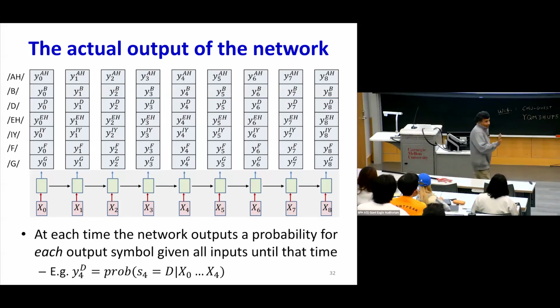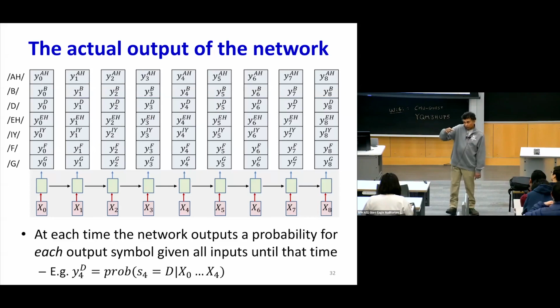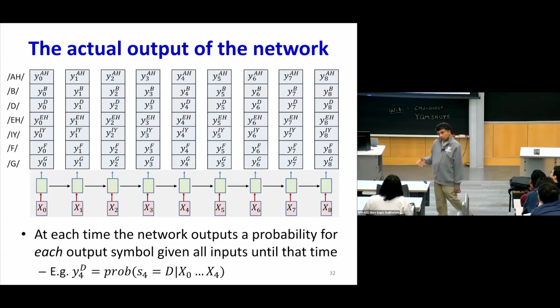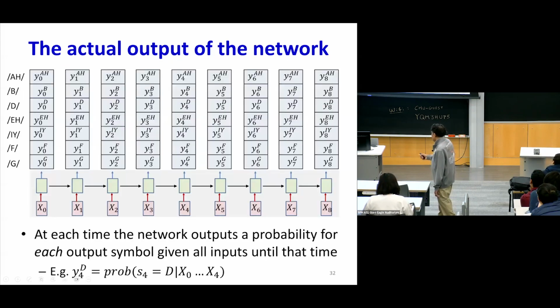And so over time, the network is actually computing an entire table of probabilities. The probabilities for all the labels at each time. So every column in the output is going to sum to 1, right? And so what you could do is simply pick the most likely one at each time.